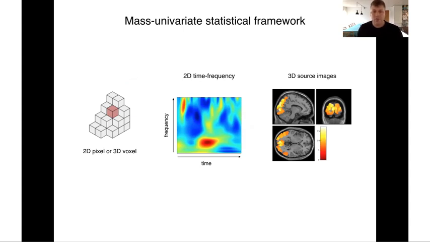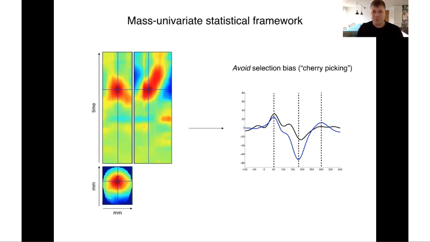And that's useful because it allows us to localize effects in a broader search space, and it avoids what is called selection bias. So the situation where a researcher may look at the data before doing the analysis and then cherry pick the peaks, say of an ERP, or the peaks in a time frequency representation of power.